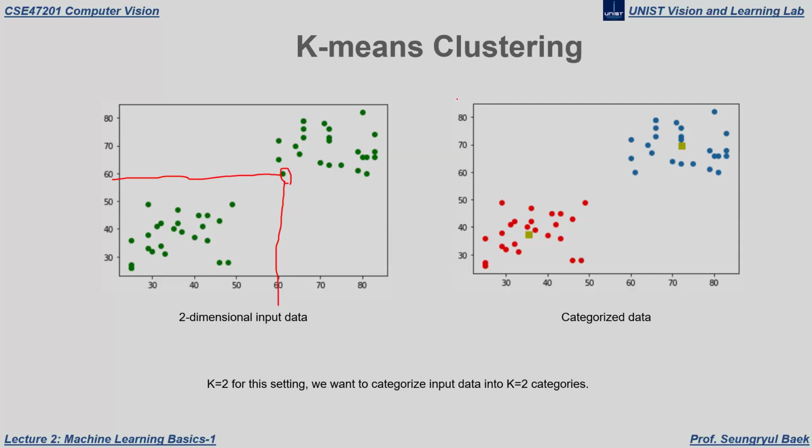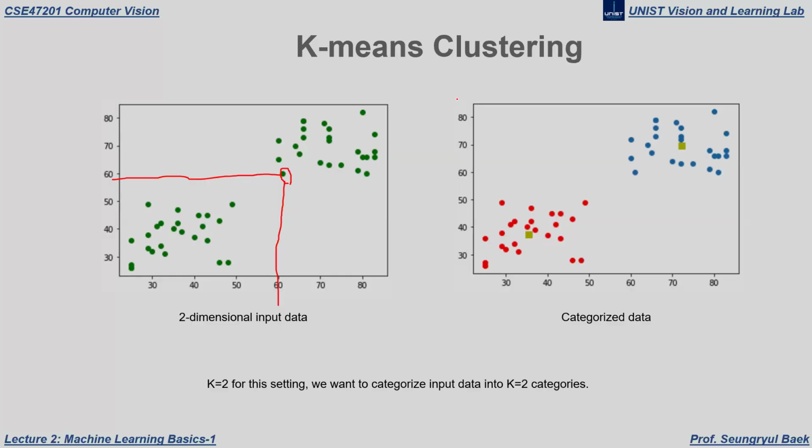And the red dots' values are also similar to each other, right? And the ones in red are far from the ones in blue, right? So because of that, when you are asked to perform clustering with 2 clusters, you will do it like the right one, right?